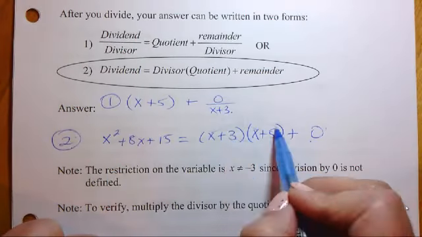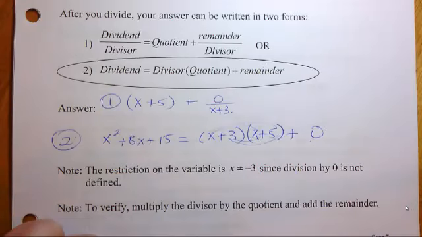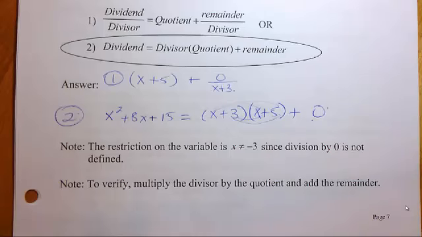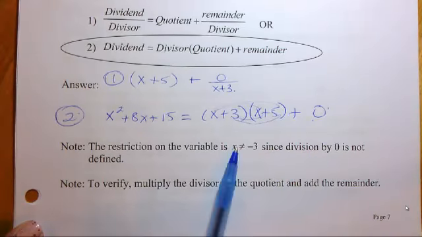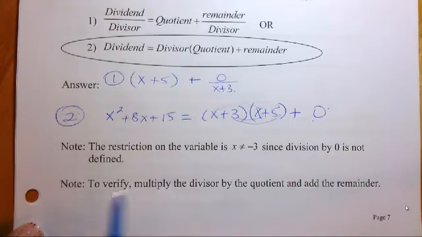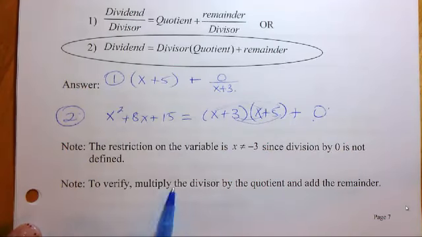You can quickly see that if you multiply this out, you end up with the answer again. Here we've just restated that the restriction on the variable is x cannot equal -3 since division by 0 is not defined. To verify, just multiply it through and add the remainder.